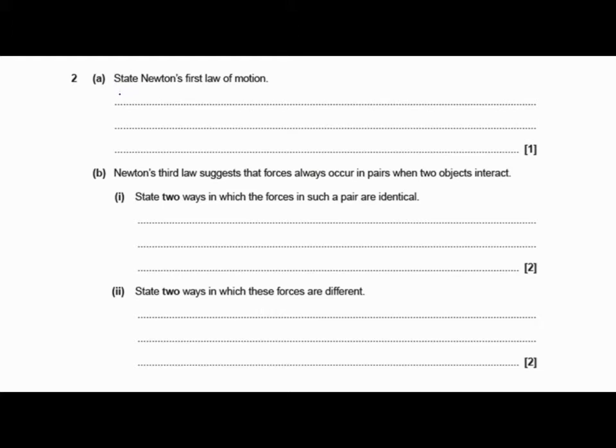So the first law of motion is all about the fact that an object will remain at rest or travelling at a constant velocity.